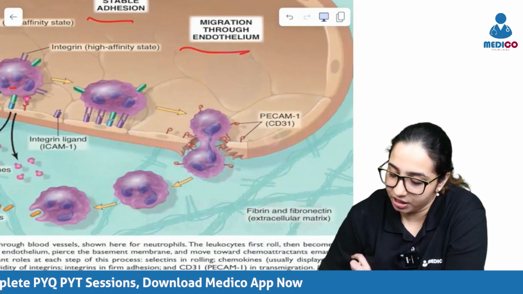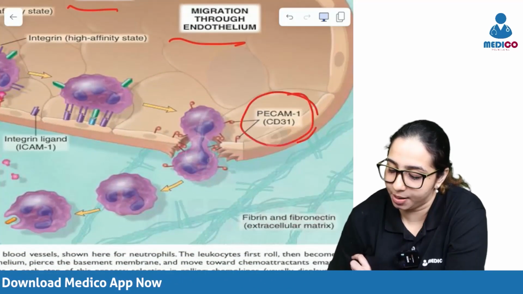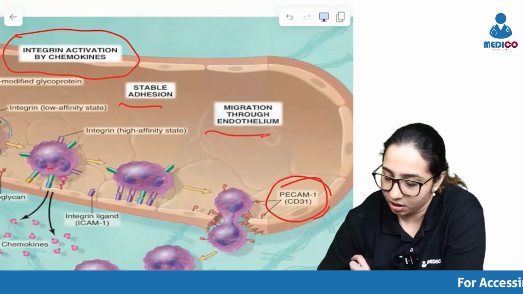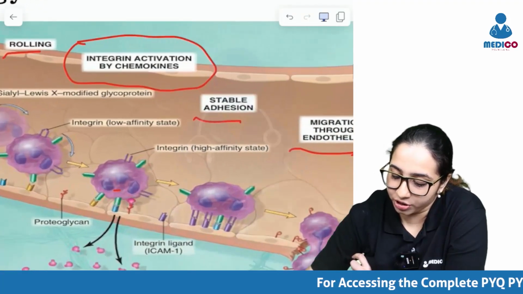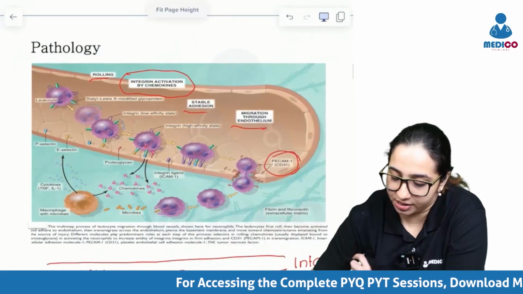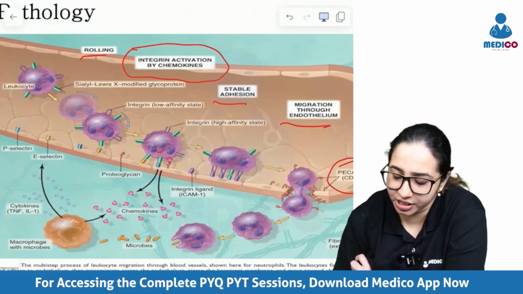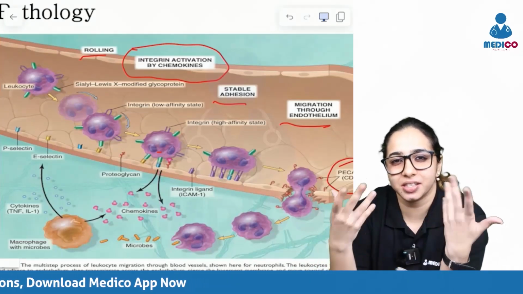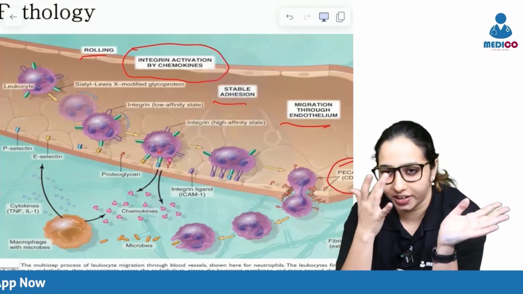Then you have transmigration with PCAM or CD31. Okay. Now, about this activation by chemokines. First, when the leukocyte in blood is not activated, it is just simply going along its way.